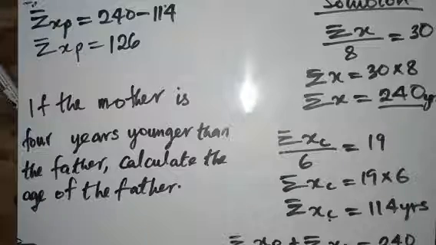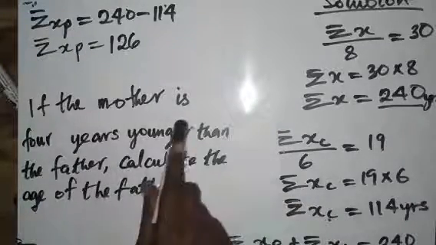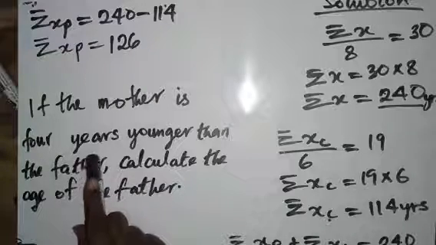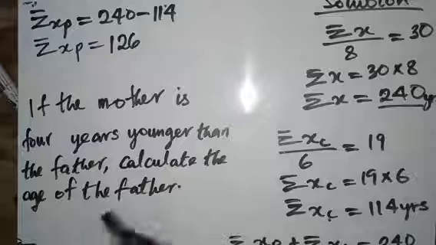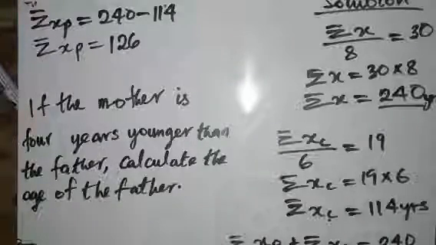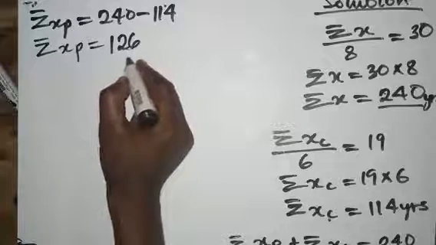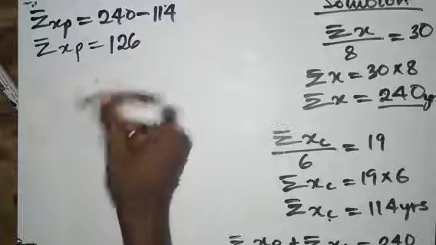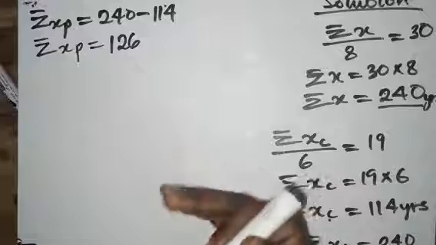Good. Now there's further information which goes on to say if the mother is 4 years younger than the father, calculate the age of the father. Now the sum of their ages is 126, and the mother is 4 years younger than the father.